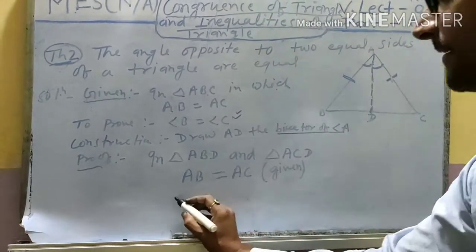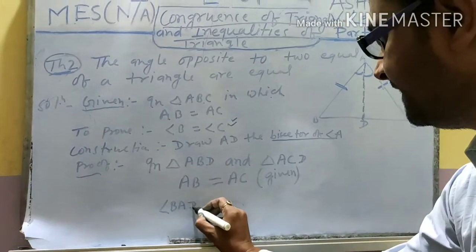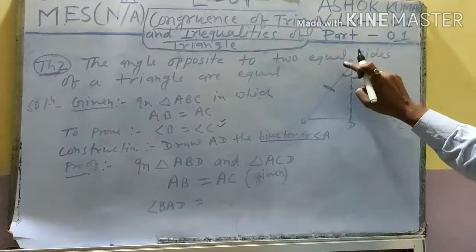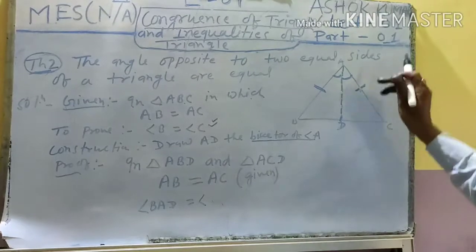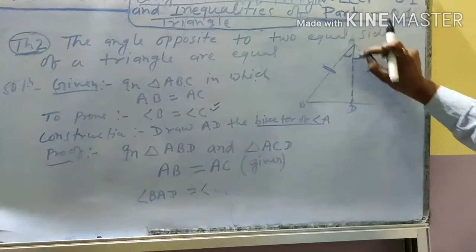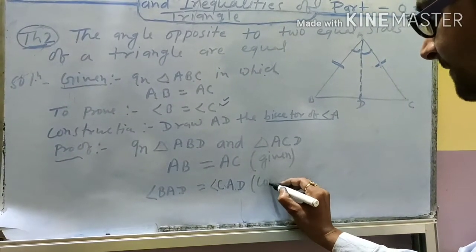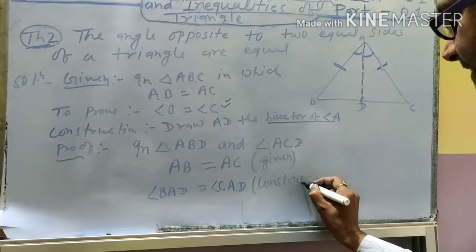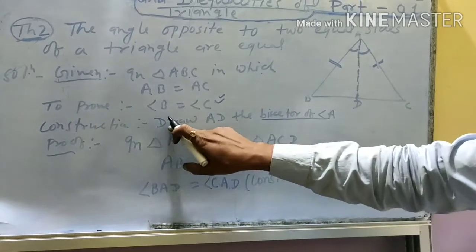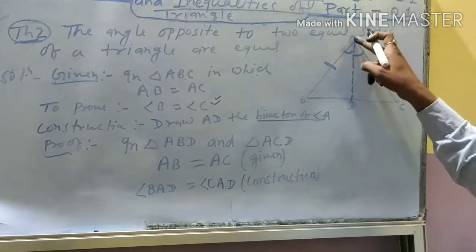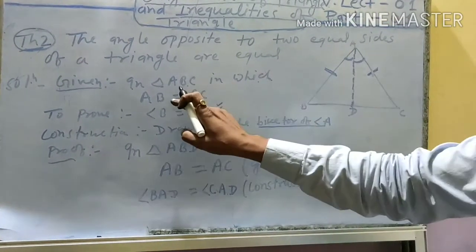Okay. The second case, angle BAD. Look here, student. Angle BAD is equal to angle CAD. Here the reason is by construction, because the construction is written here: draw AD, the bisector of angle A. That means by construction this angle is equal to this angle, because this is not a given information.